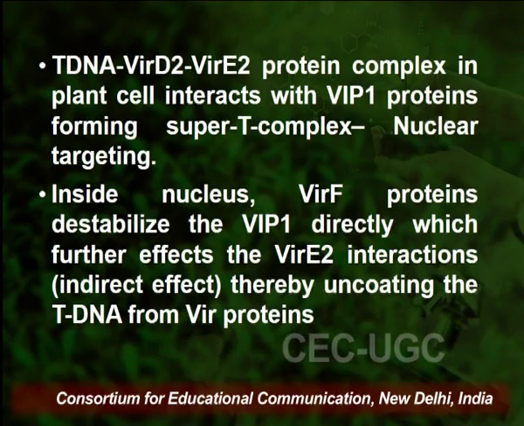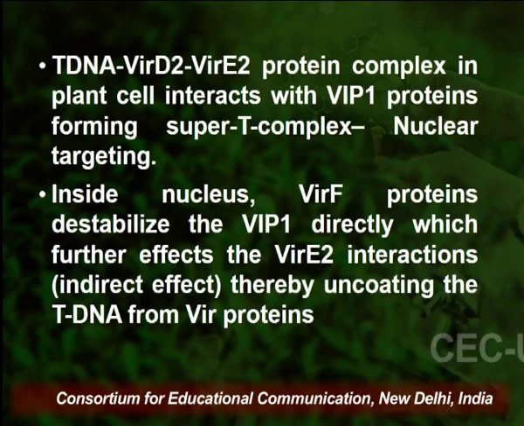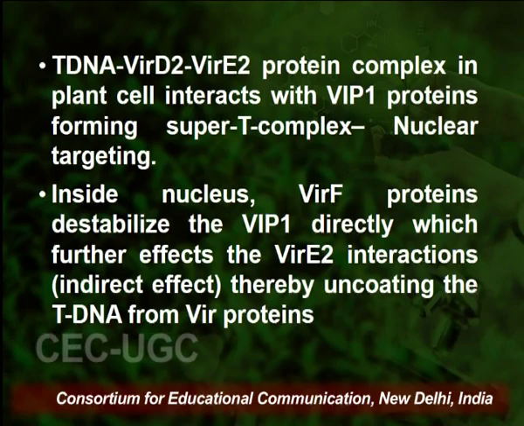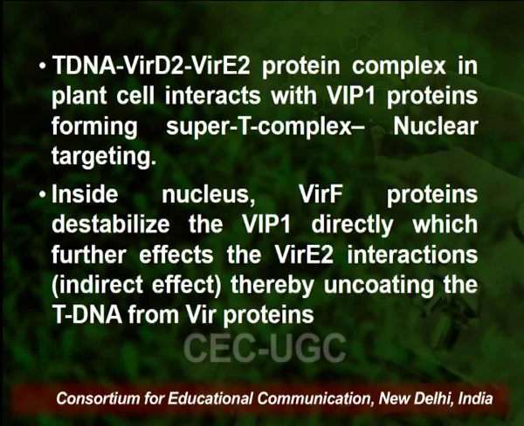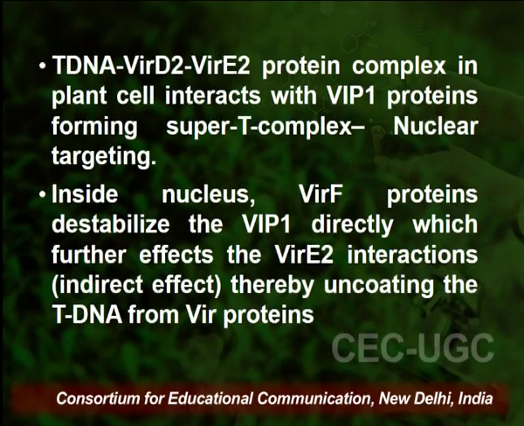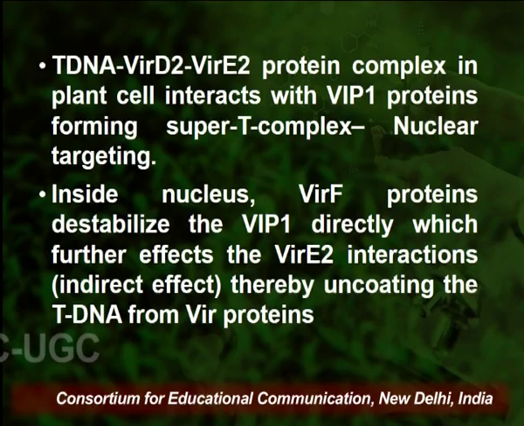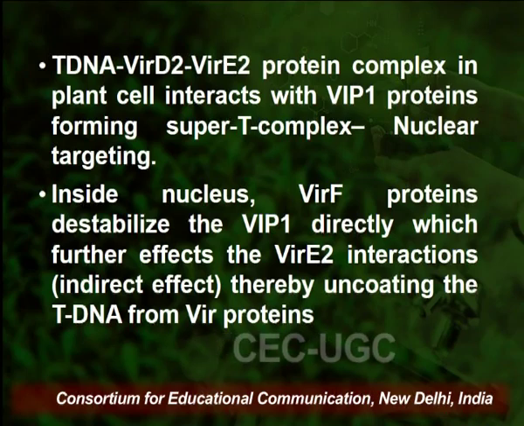So, the super T complex then gets transported to the nucleus. Once it is inside the nucleus, the vir F protein, which is also a part of that tDNA complex, gets activated and destabilizes the VIP1 proteins.